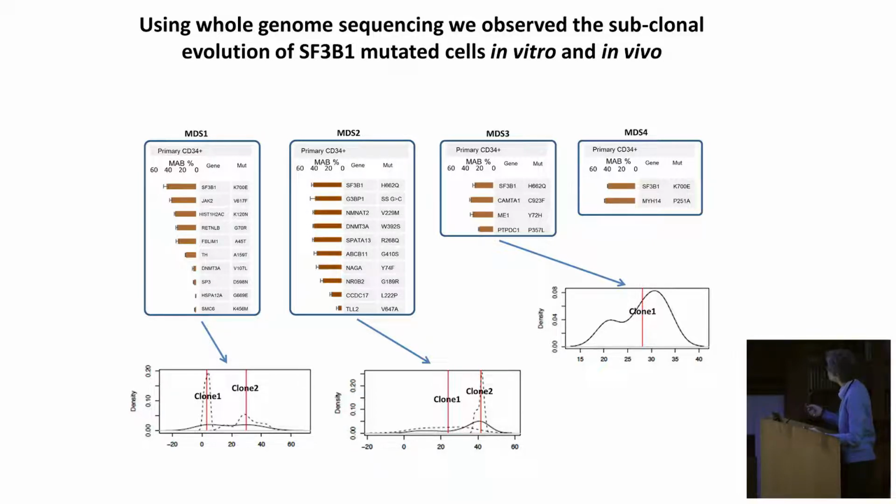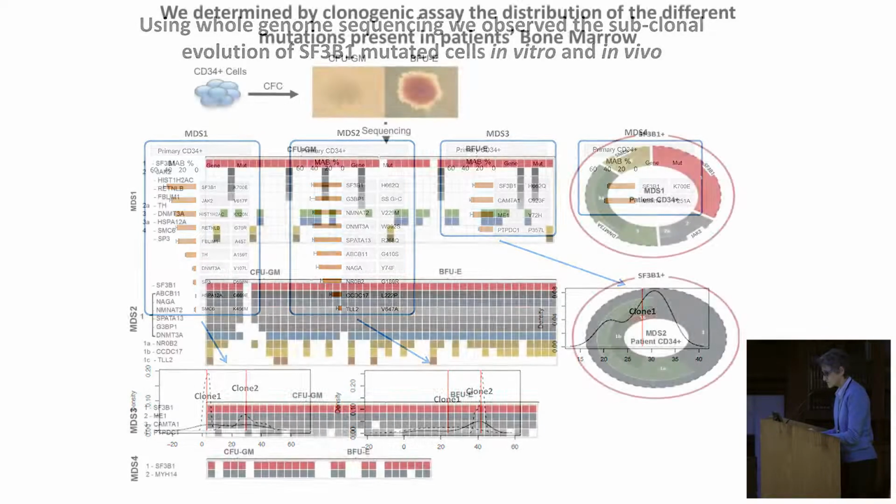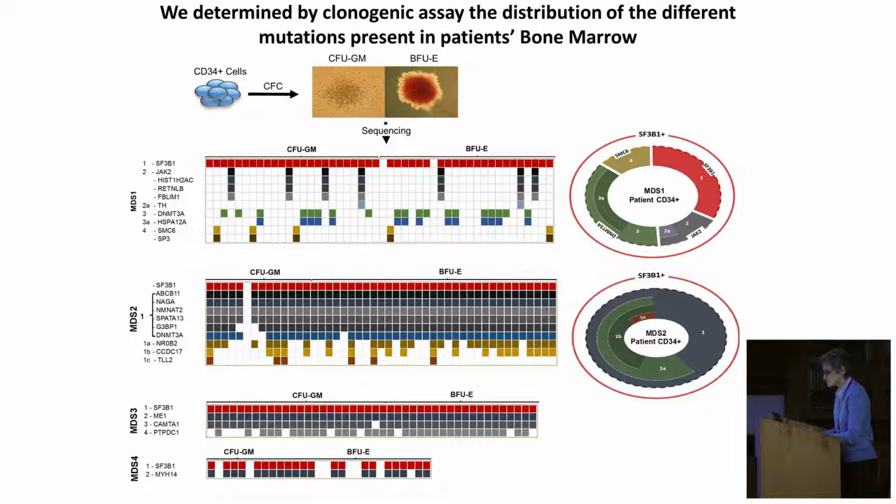These 2 patients are more complex than this one, but there was more than 1 mutation. If you look at the mutant allele burden and the potential number of clones, you will find that in these 2 patients there may be 2 major clones, whereas in these 2 patients there may be 1 clone.